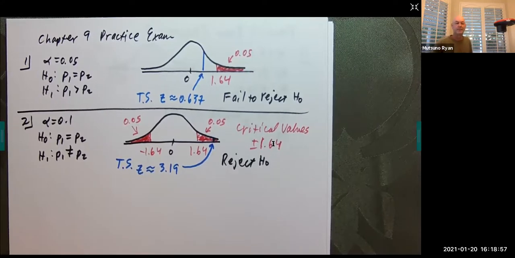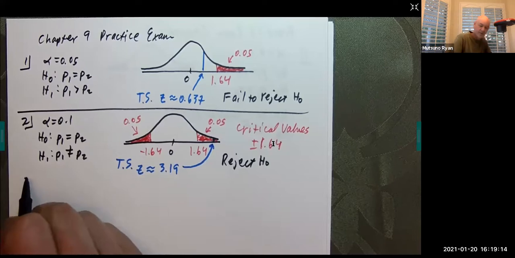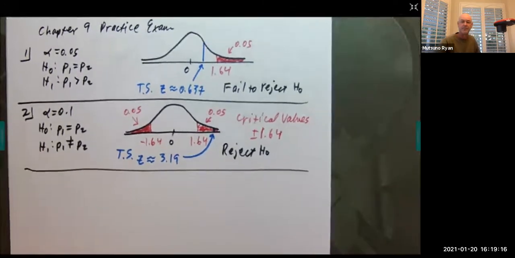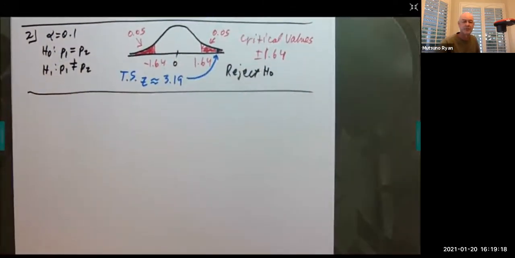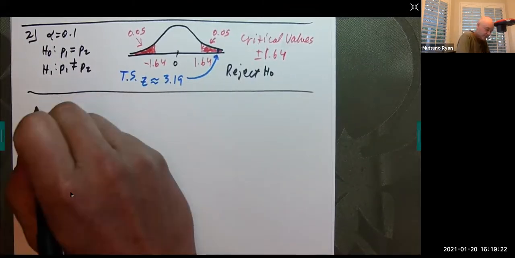Number 3. So we're going to assume the samples are independent and randomly selected. So a researcher finds that of 1,000 people who said they attend religious service at least once a week, 31 stopped to help someone. So let's write out what we have here as we're reading through the problem. So it looks like we have number 3.